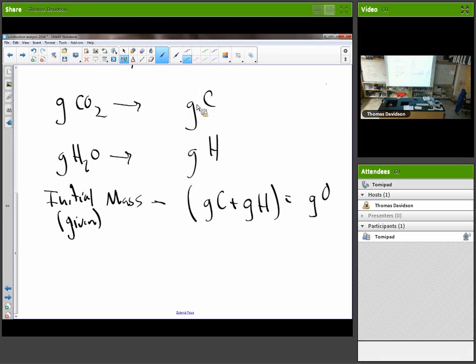So after we get grams C, grams H, and grams O, we have to go back to moles C, moles H, and moles O.